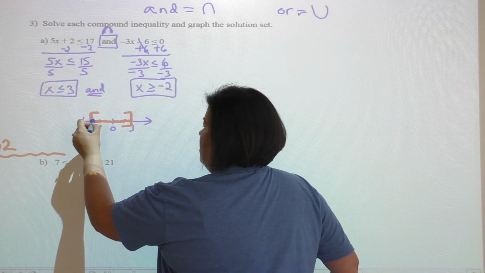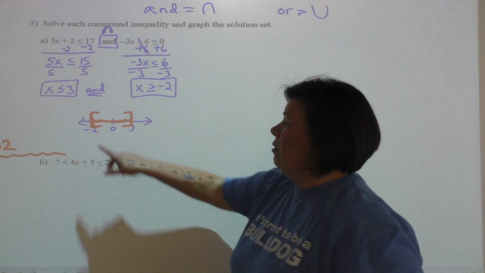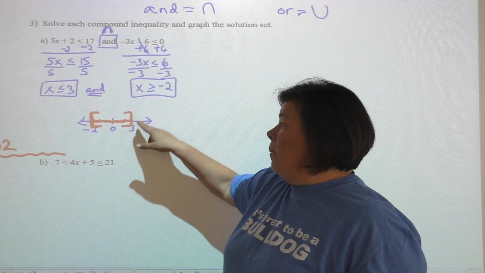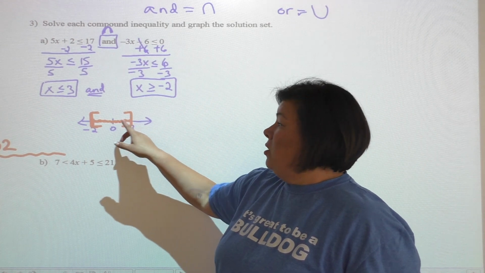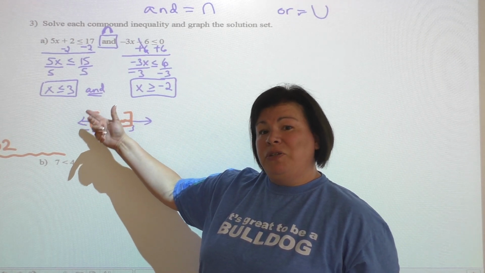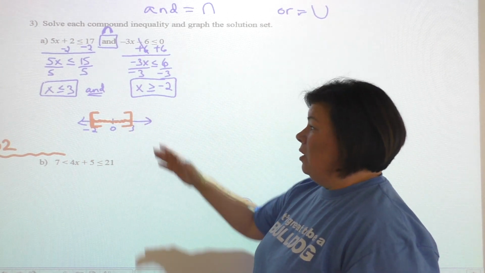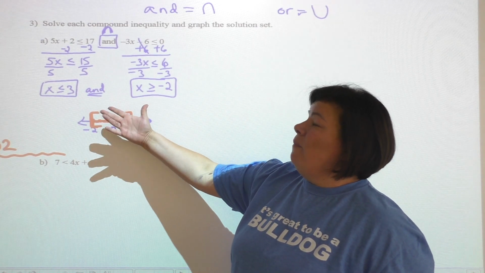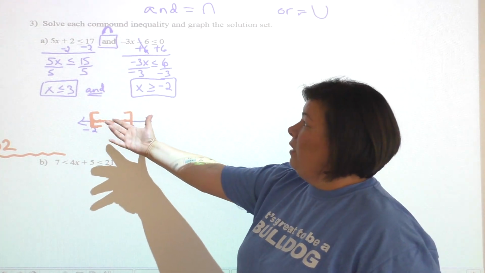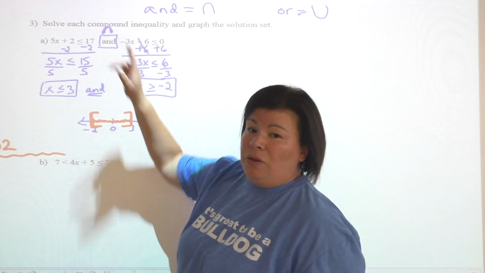So that means everything greater than or equal to -2 up to and including 3. So x has to fall between -2 and +3. So this is the graph of my compound inequality, the intersection, because of the word and.